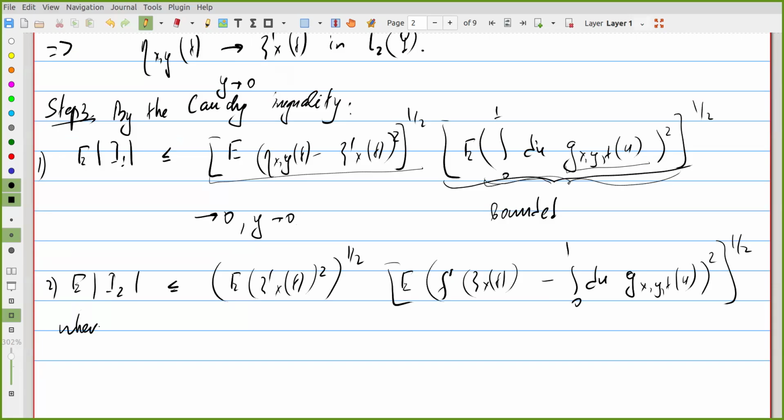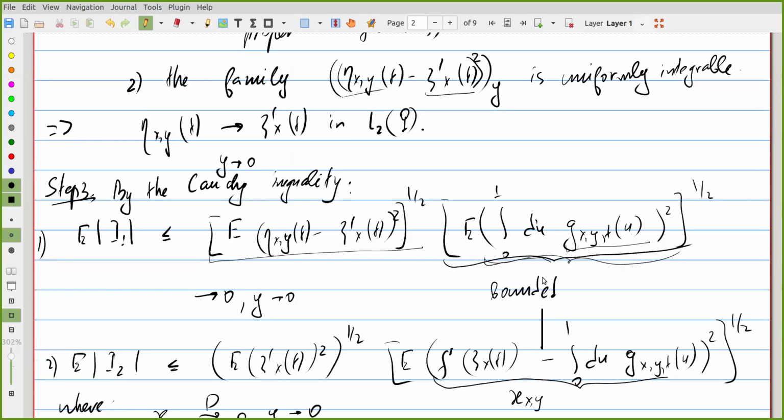And here, if we denote this, say, kappa xy, then kappa xy goes in probability to 0 again.